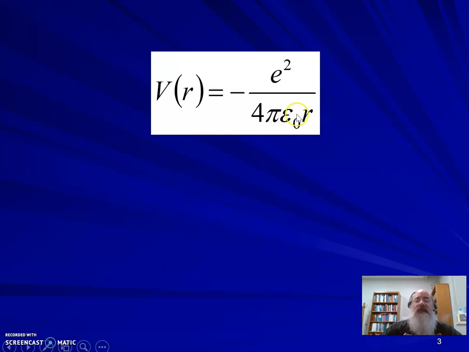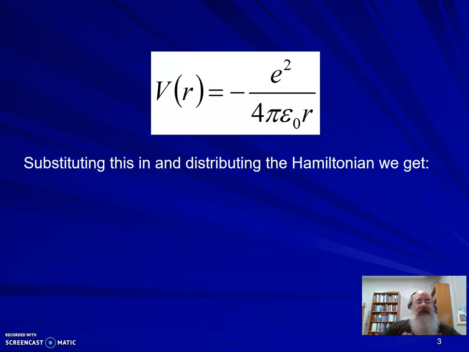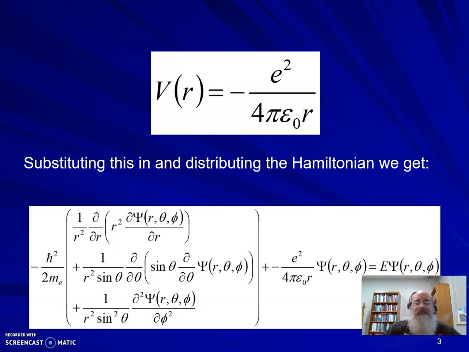We talked about this during the Bohr derivation. And r is the distance between the electron and the proton. And we have a negative sign here because it's an attraction energy. If it were a repulsion energy, like 2 electrons would feel for one another, then we would have a positive sign there. So we put that into the Hamiltonian, and now we have our full Schrödinger equation.